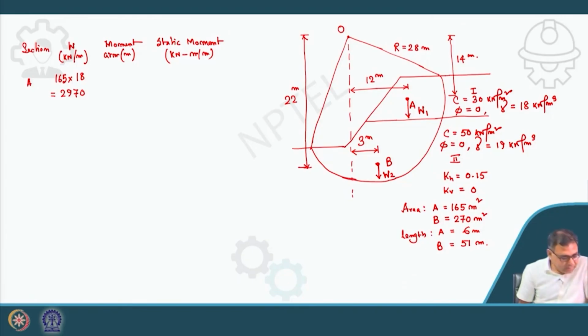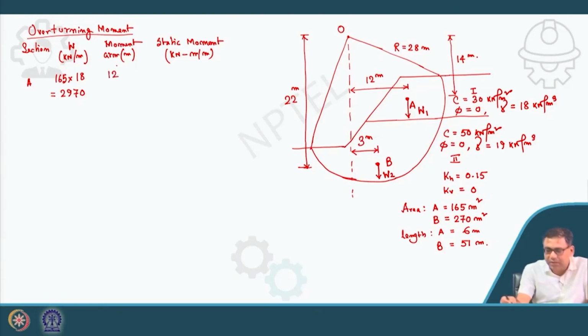And the moment arm will be, because we are calculating the overturning moment, we are taking the moment with respect to O. So the moment arm will be 12.